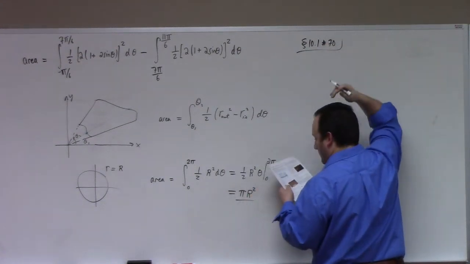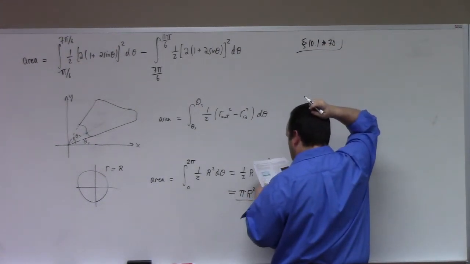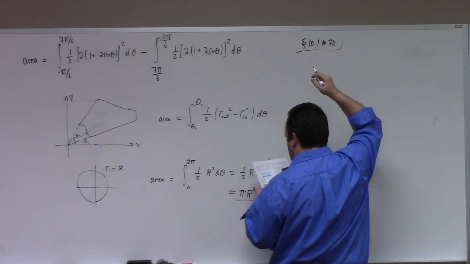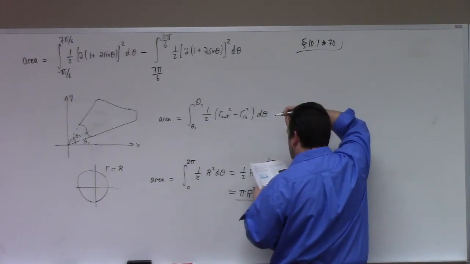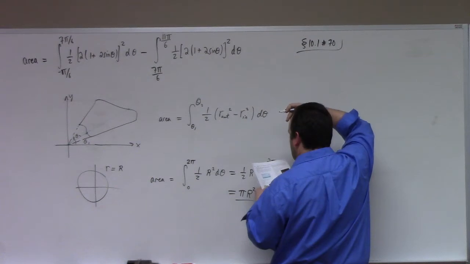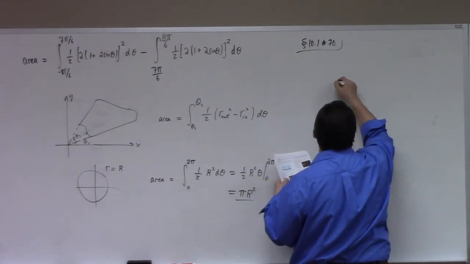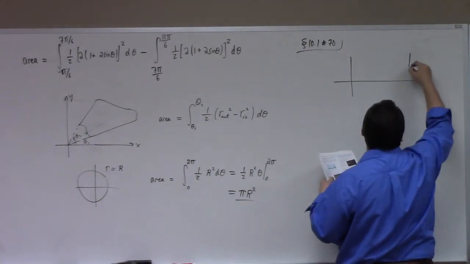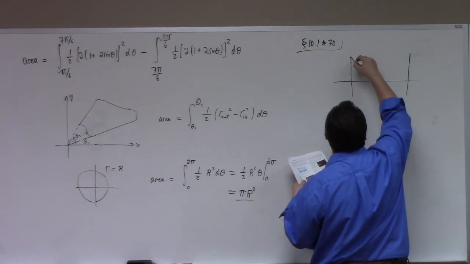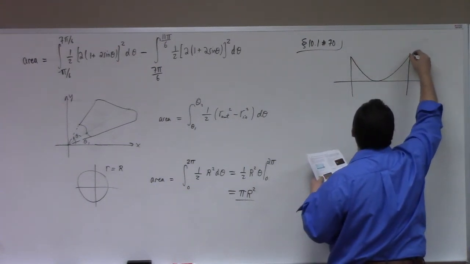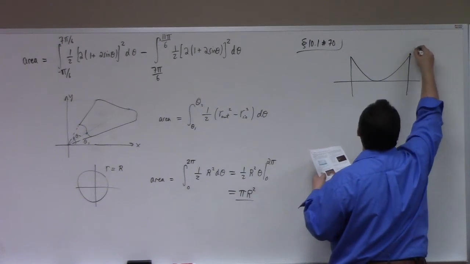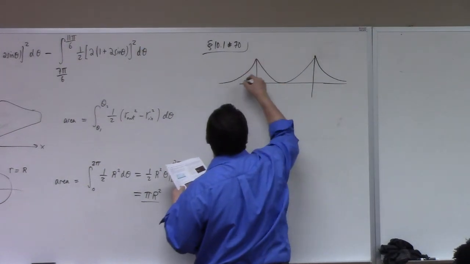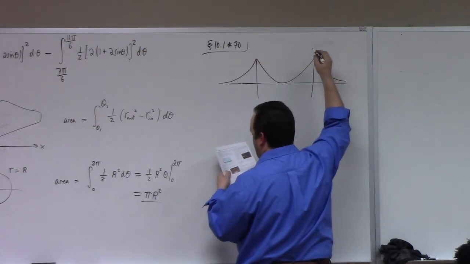All right, so we've got a cable bridge suspended in the shape of a parabola between two towers, 120 meters apart, 20 meters above the roadway. So here's a picture, like so. We're just focused on the middle part here.